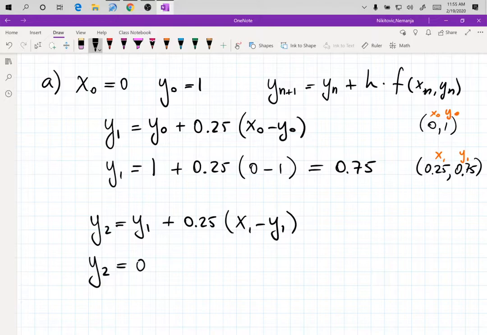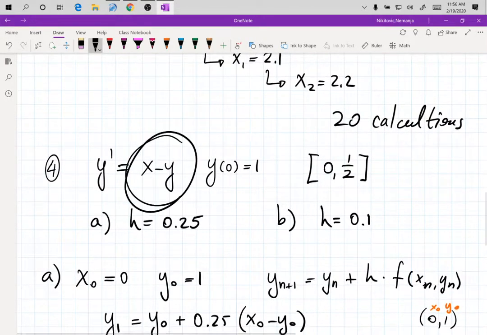y1, 0.75 plus step size h, 0.25, times x1, 0.25 minus y1, 0.75. Why is this x minus y? Because your differential equation was x minus y. That's hard-coded because that is the equation you're solving.